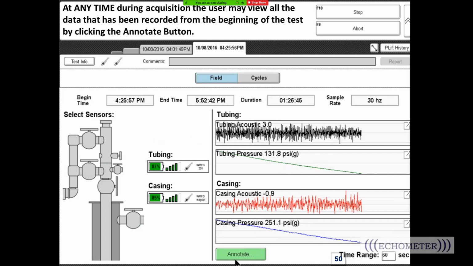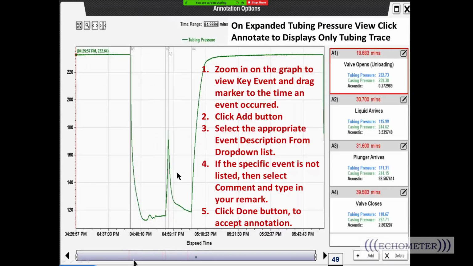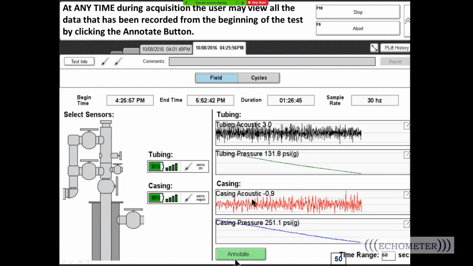So anytime that you want, you can look at the annotate data and see what's going on with the well. It's a feature that has a lot of flexibility that lets you zoom in and look at a particular event, annotate, and record a comment.